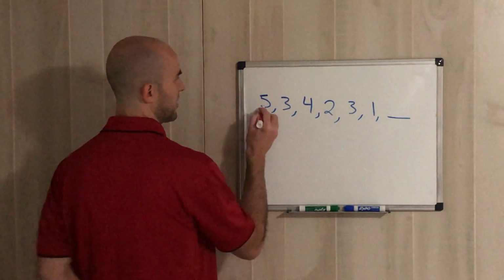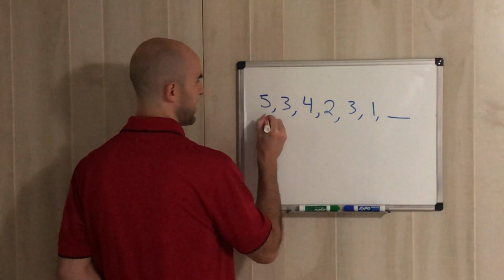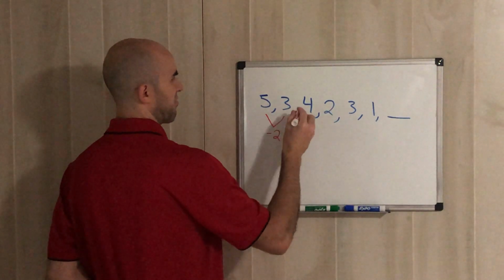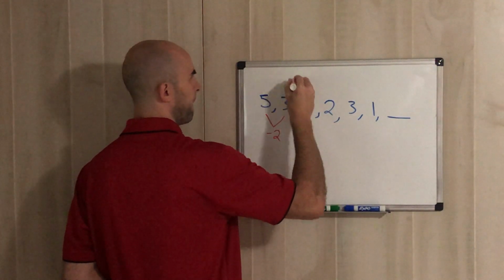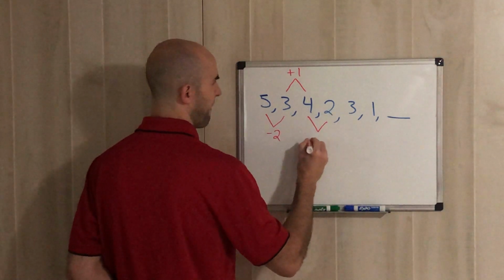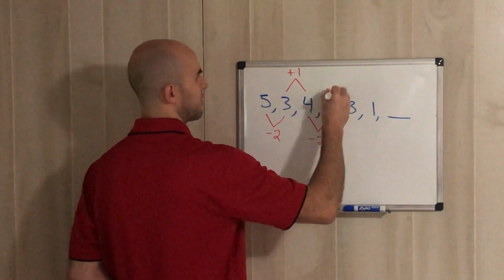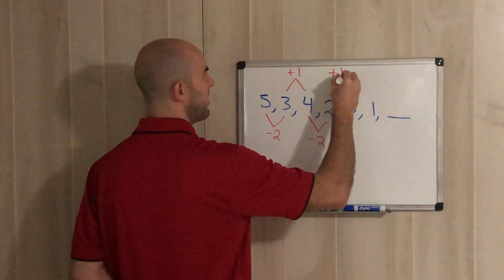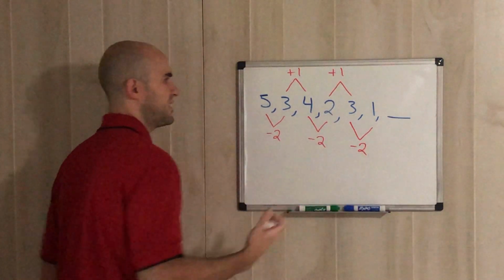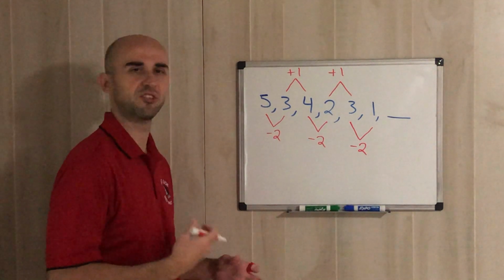And if we look at it, going from 5 to 3, a lot of times, again, we'll think this way. It went minus 2, right? And then from 3 to 4, it went plus 1. From 4 to 2, it went minus 2. From 2 to 3, it went plus 1. From 3 to 1, it went minus 2. So we've seen the pattern. We see the observation that we're making.